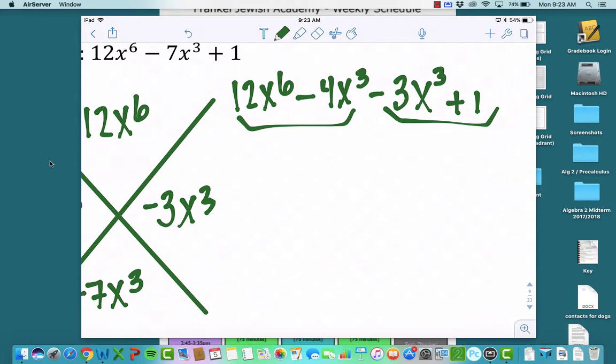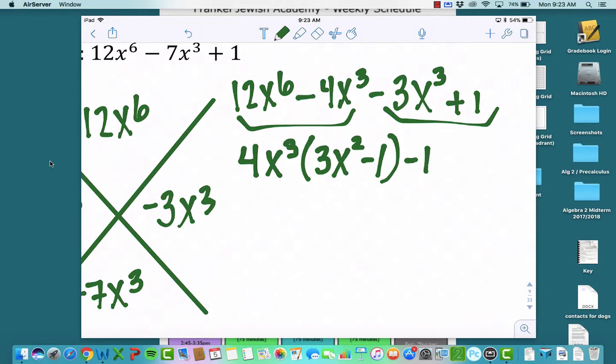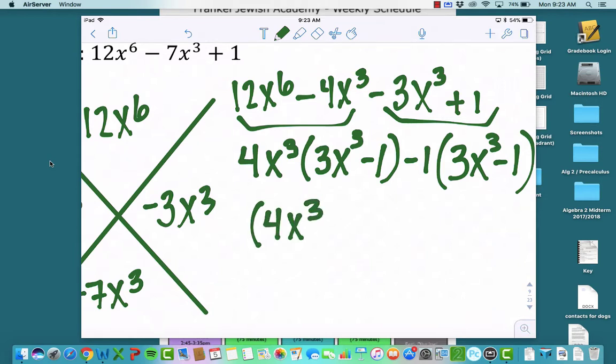So out of these two, I factor a 4x cubed to get 3x cubed minus 1. And out of these two, I can factor out a negative 1 to get x cubed minus 1. So then I put whatever's on the outside in one set, 4x cubed minus 1, and 3x cubed minus 1.